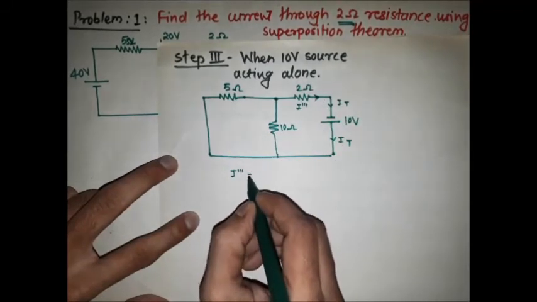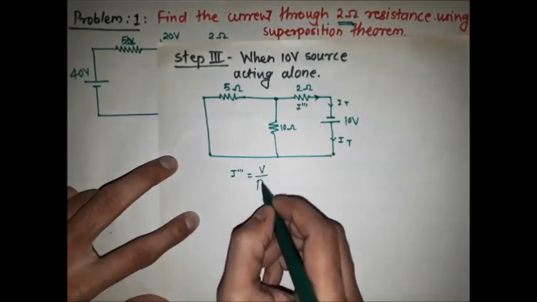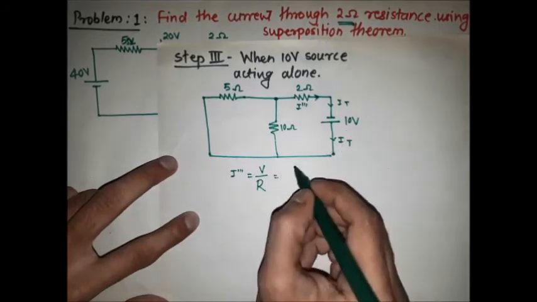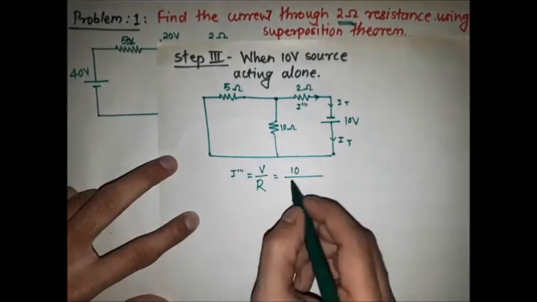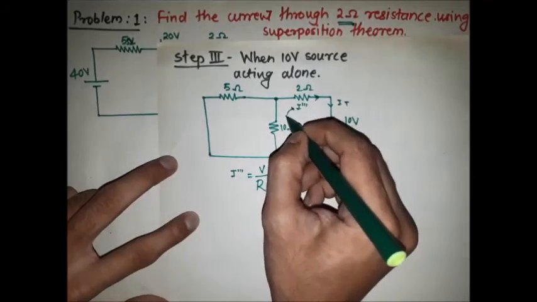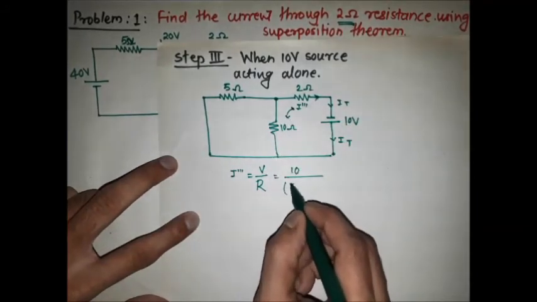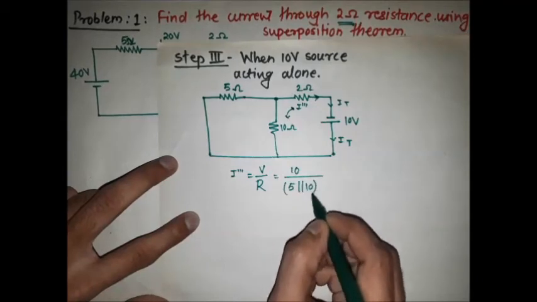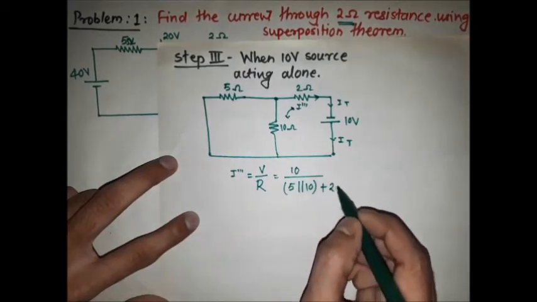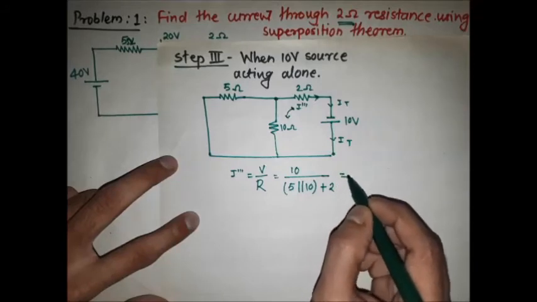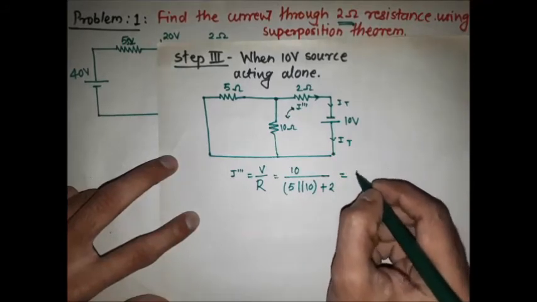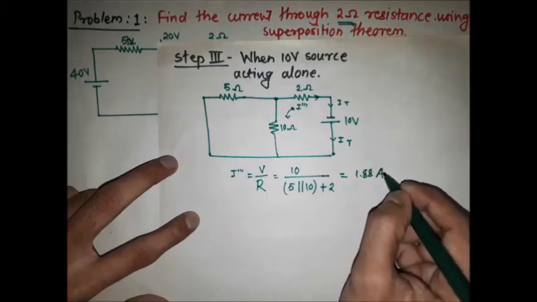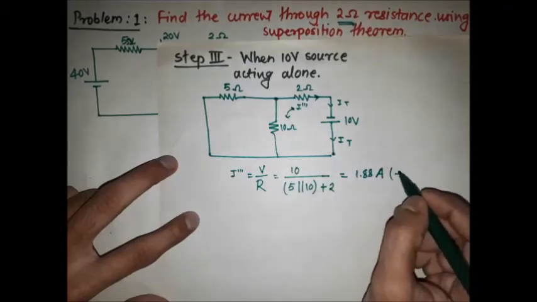So I triple dash is simply V divided by R, which is the voltage 10 and the resistance, again here 5 and 10 in parallel, and then in series with the 2 ohm resistor. So 5 parallel with 10 plus 2 ohm, and we get 1.88 ampere in the direction to the right hand side.